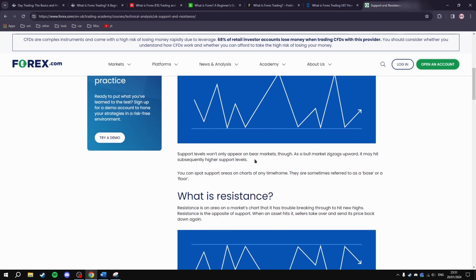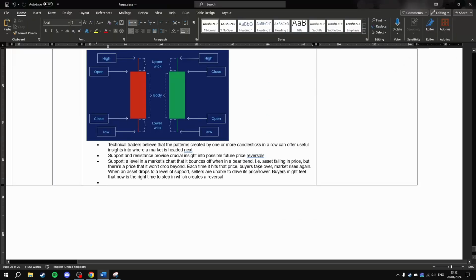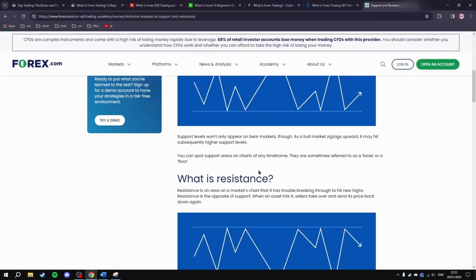Support levels only appear in bear markets, though. As a bull market zigzags upward, it may hit subsequent higher support levels.